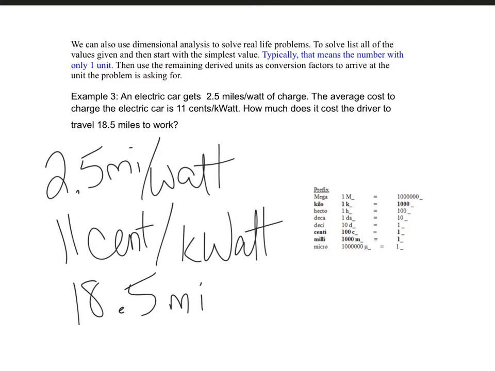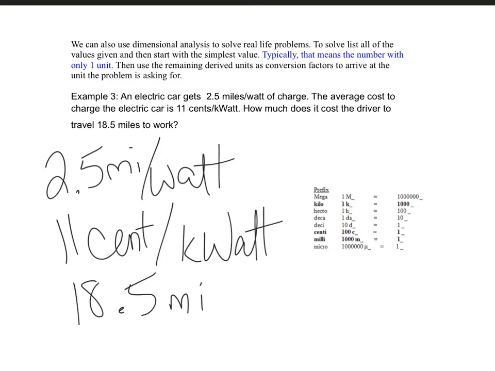And the way you need to approach these problems is you need to look through what you have and start with your simplest value. When I say simplest here, I don't necessarily mean smallest number. What I mean is the one with the least number of units attached to it.